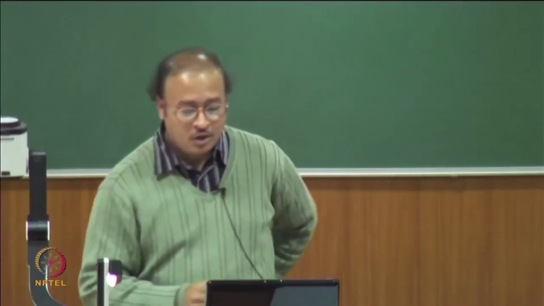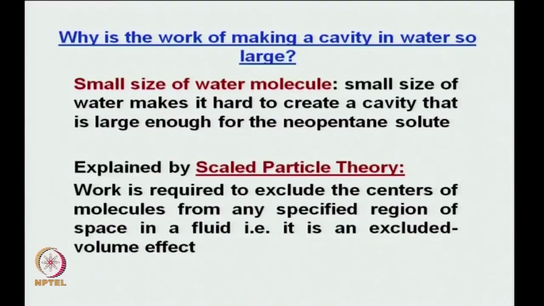So, then the next question that comes to your mind is, why is the work of making a cavity in water so large? Why do you have to spend so much more energy in trying to make a cavity in water as corresponding to an alkane, right? The first reason is the small size of the water molecule. Now, what will happen if you have a small size?